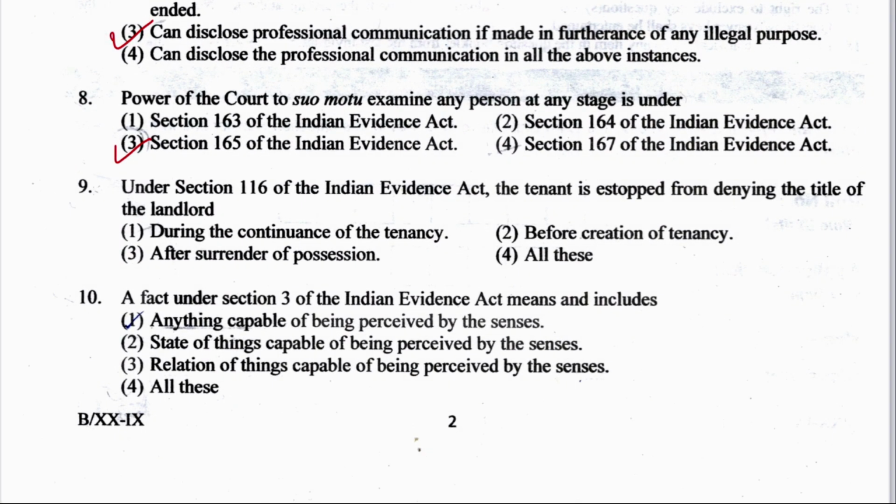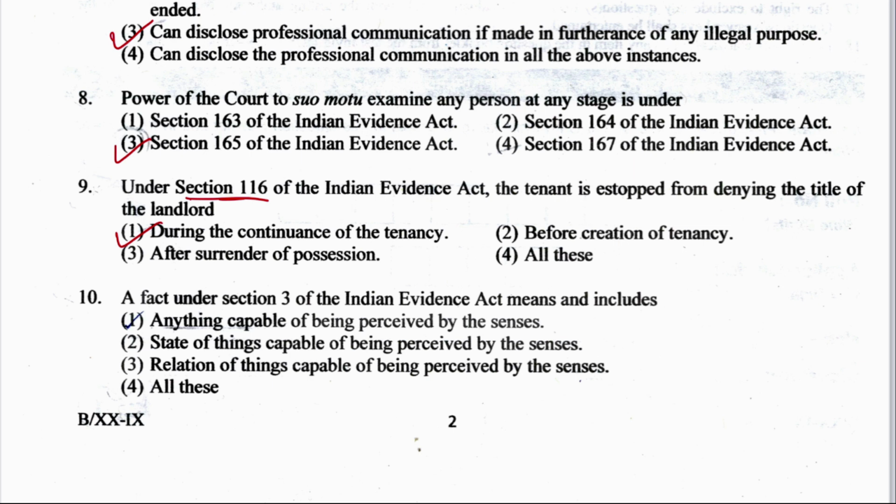Now question number 9. Under section 116 of the Indian Evidence Act, the tenant is estopped from denying the title of the landlord during the continuance of tenancy, before the creation of tenancy, after surrender of possession, or all of the above. Here the right answer is option number 1, during the continuance of tenancy, and it is mentioned under section 116, which says estoppel of tenants and of licensee of person in possession.